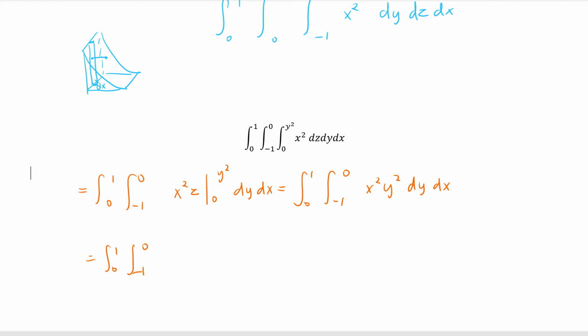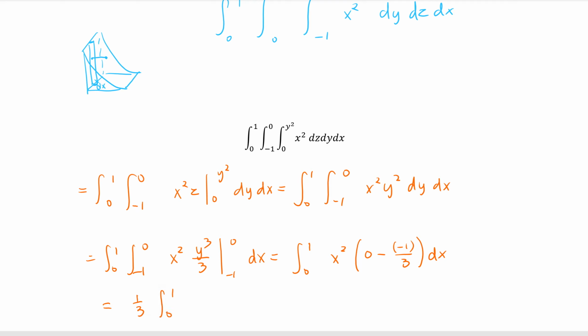Okay, so we integrate with respect to y. We have x squared y cubed over 3, evaluate from -1 to 0, dx. So we plug in 0 first, minus we plug in -1. So that would give us -1 over 3, right? So that is 1/3.